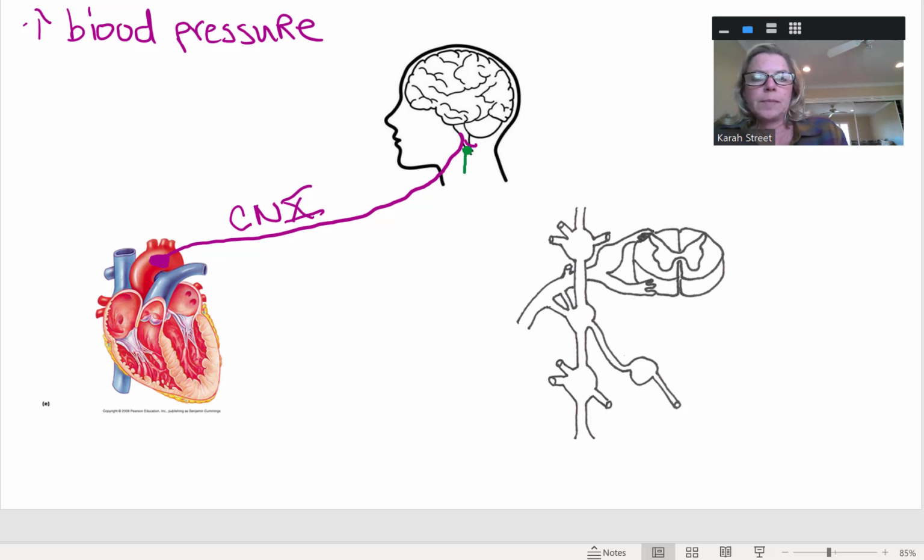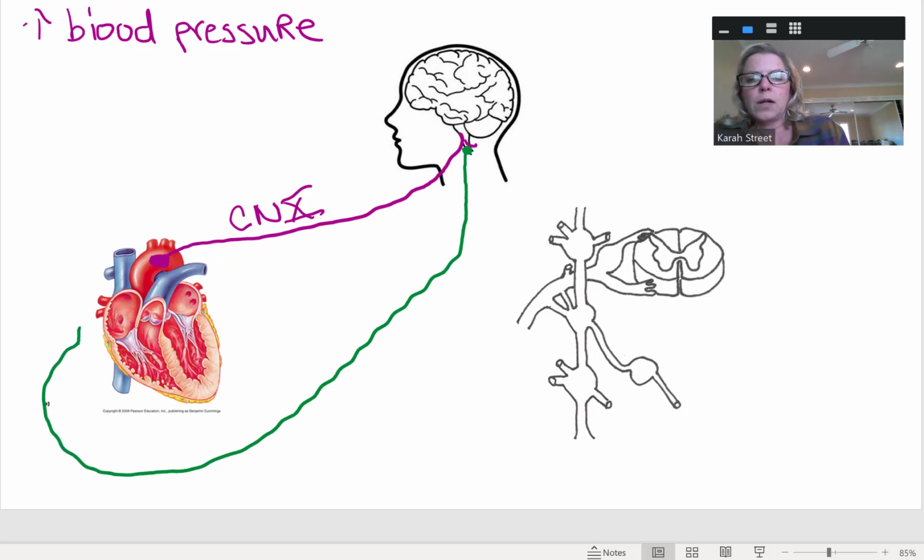It would come down the neck into the thoracic cavity and get very close to the wall of the heart. It would then synapse with its postganglionic partner within the wall between the epicardium and myocardium. And then the postganglionic neuron would innervate the sinoatrial node, and it would decrease heart rate.